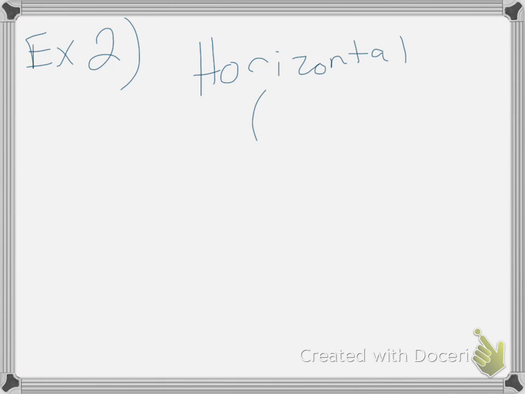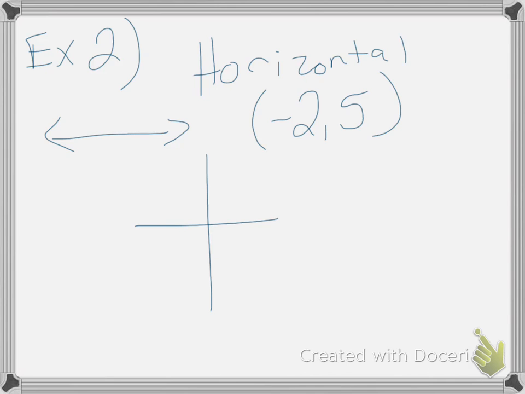Okay, we have example 2. He wants a horizontal line that has this point, negative 2, 5. Horizontal goes sideways. X and y.